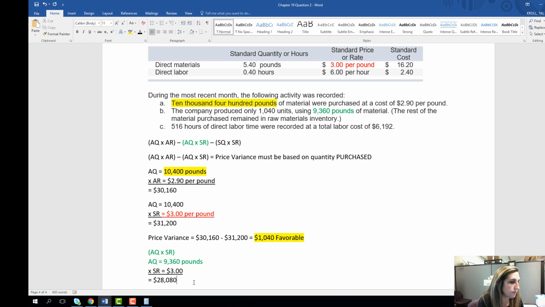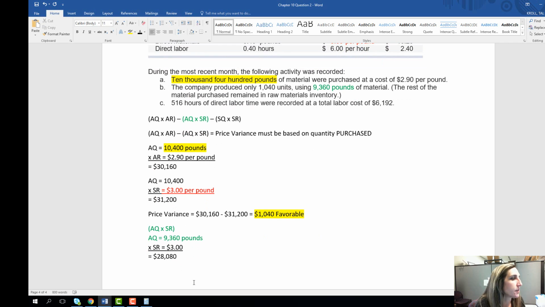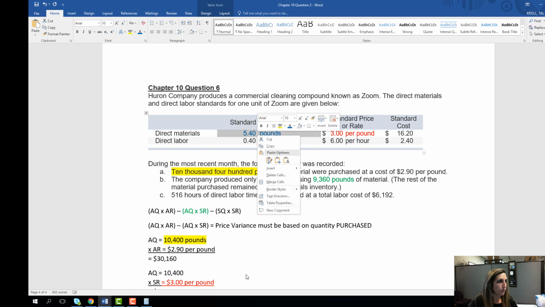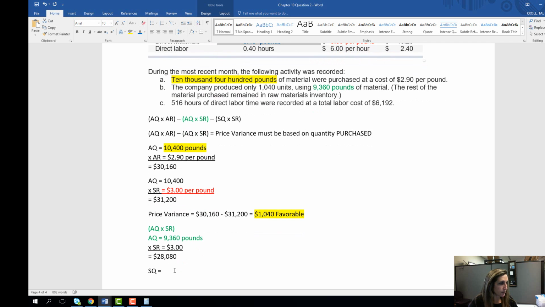Then the next section is going to be where you have to take the standard quantity times the standard rate. The standard quantity is the one that you're going to have to do an extra piece of math on. The standard quantity, it says up here, is 5.4 pounds. I'm going to highlight that. And that will be the starting point. 5.4 pounds is the standard quantity, but that is per unit.